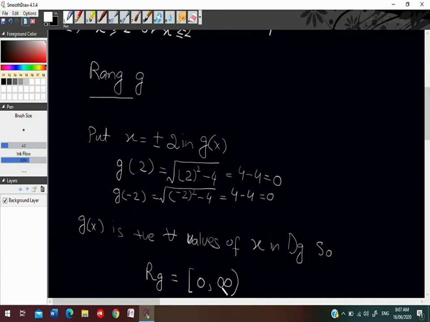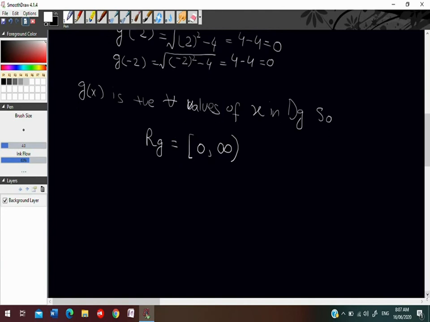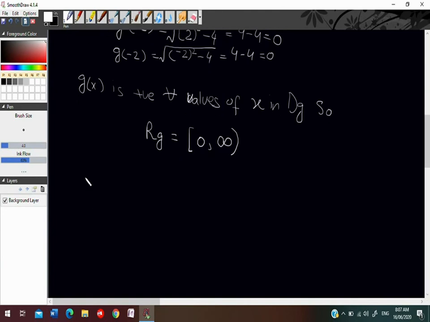And again, for plotting the graph of the function, make a table: x and then g of x. In this case I will make a vertical table, and similarly you give different values, where g of x equals under root x square minus 4.